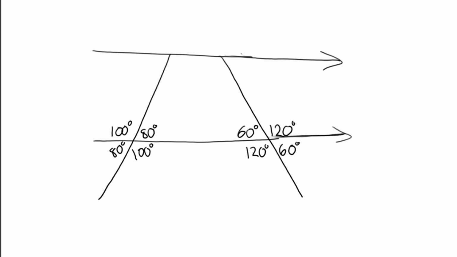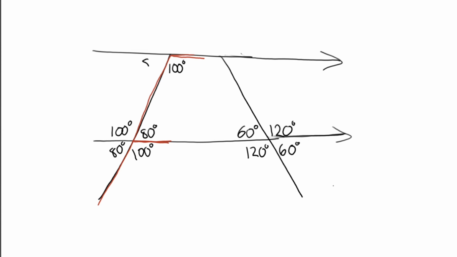F rule. So the F rule would mean this section here. Okay, so that's our F. So because it's 100 degrees below the parallel line, it's going to be 100 degrees to the side.